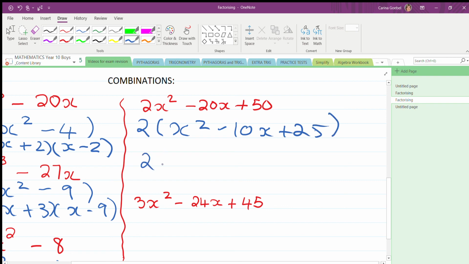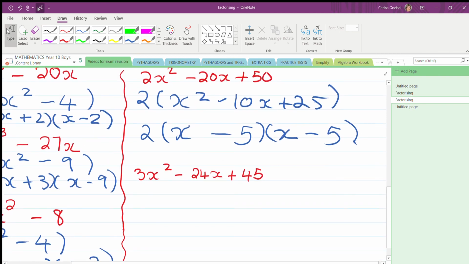You then, when you finish, just stop for a moment and say, well, what I've got left over, can that factorize any further? Yes, I can recognize my trinomial: x squared, x, no x. So this is a quadratic. Factors of 25 added together make 10. Well, you should know by now that that will be 5 and 5. And minus 5 and minus 5 will make minus 10.